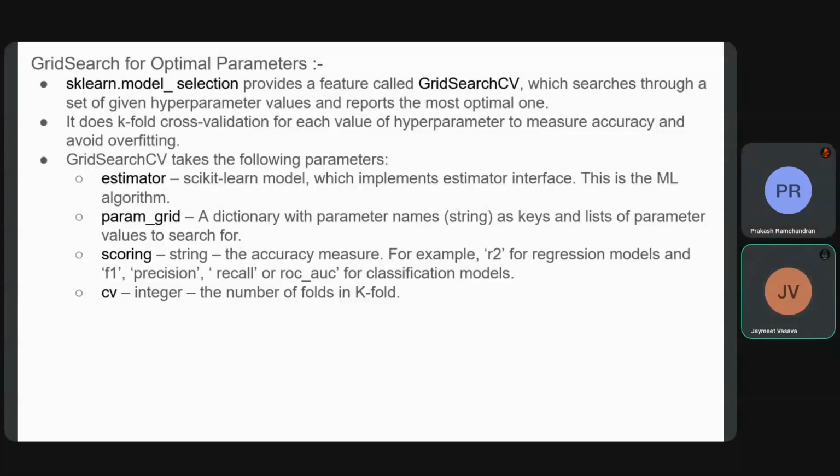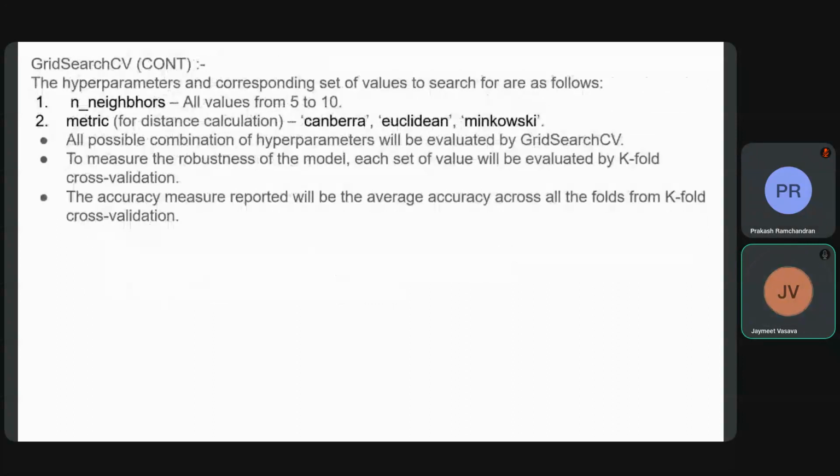And the CV, basically the value of K in the K-fold cross validation. The values that we'll be using are number of neighbors in the range of 5 to 10, and the metric for the distance calculation of Canberra, Euclidean, and Minkowski.